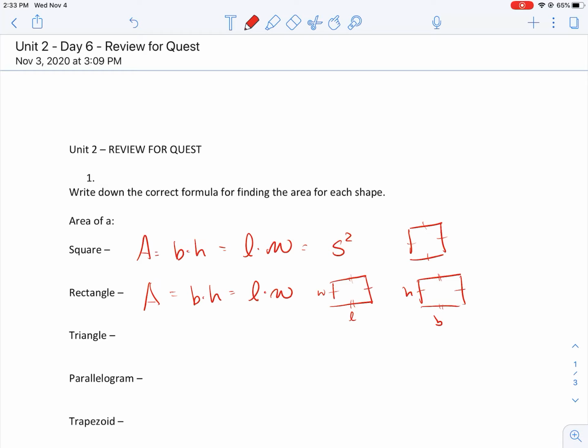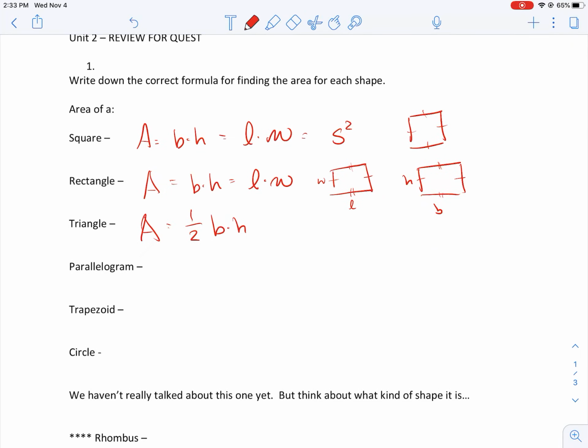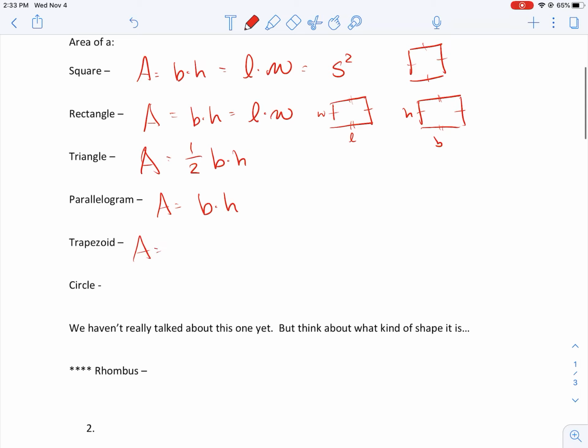Area of a triangle is equal to 1/2 base times the height. Area of a parallelogram is base times the height. Area of a trapezoid is 1/2 the height times base 1 plus base 2. And the area of a circle is pi r squared.